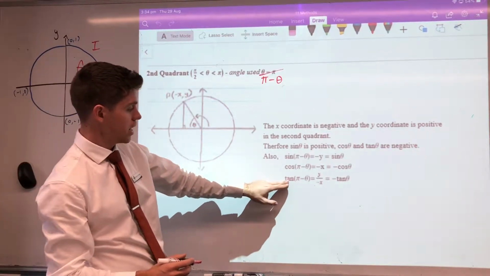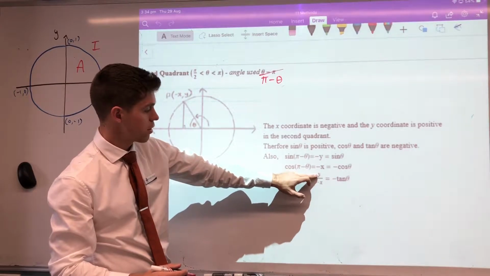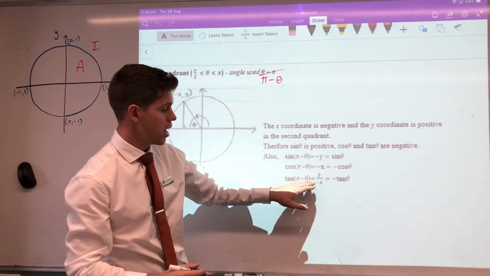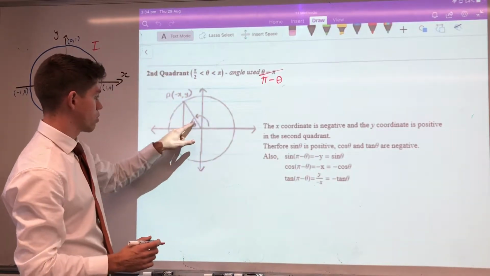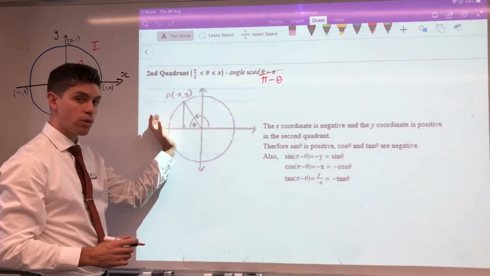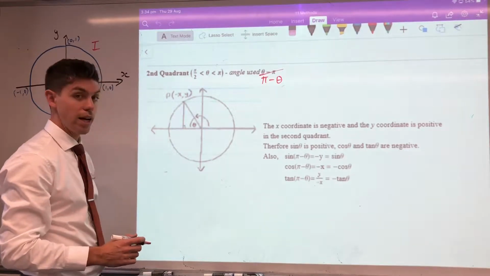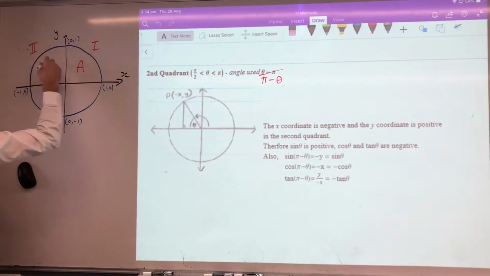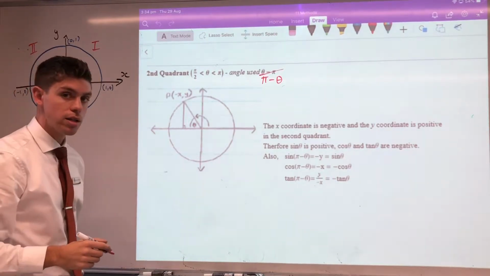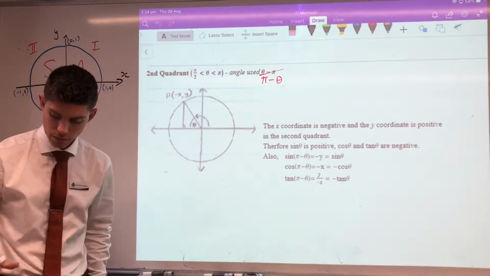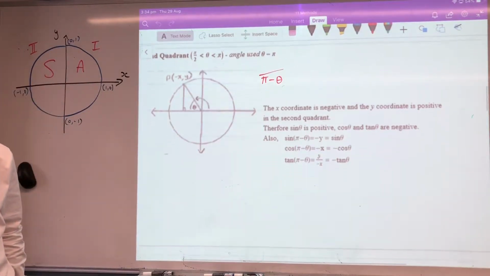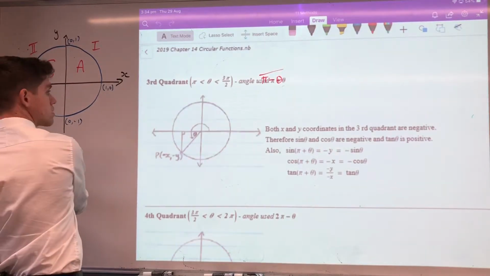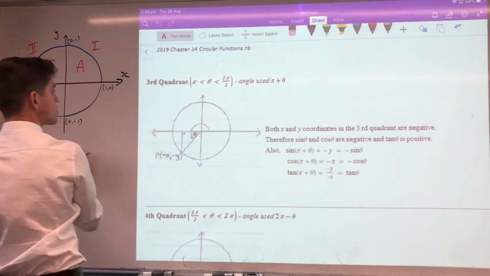But when we look at tan, if we take the y values, which are always positive, and divide them by our x values, which are always negative, our value for tan of an angle that falls within the second quadrant will always be a negative number. So in the second quadrant here, only sine is always positive.